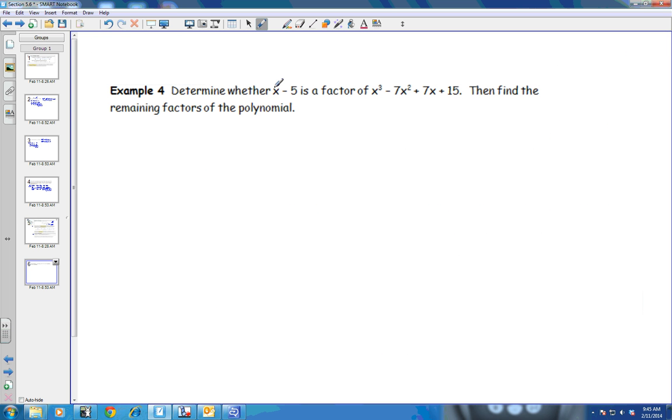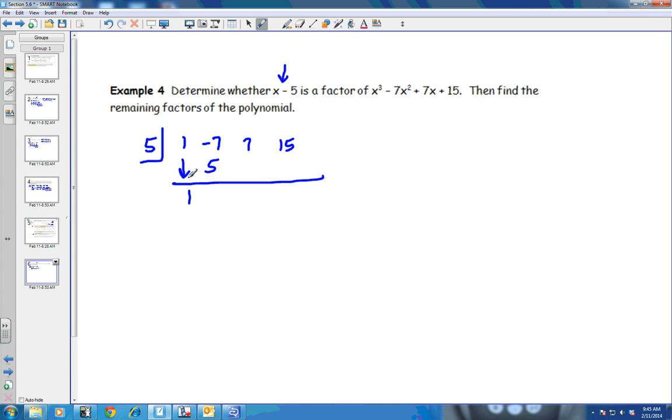Determine whether x minus 5 is a factor of this, then find the remaining factors of the polynomial. So I'm going to use synthetic division. Remember, if I have x minus 5, I always use the opposite sign that goes in my box. My coefficients are 1, -7, 7, and 15. I'm going to bring down my 1. So 1 times 5 is 5.